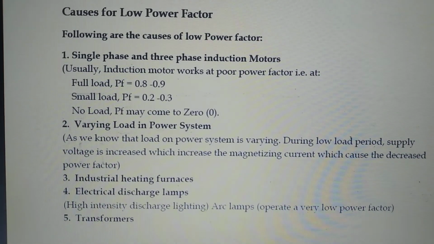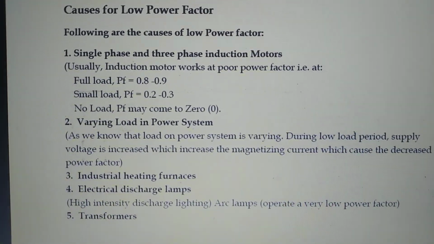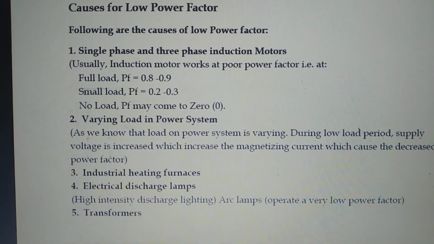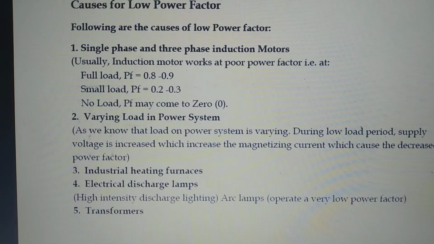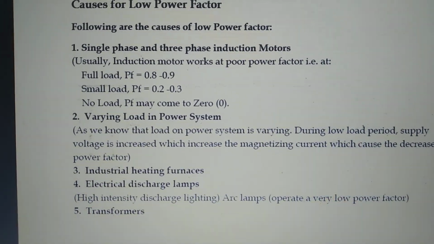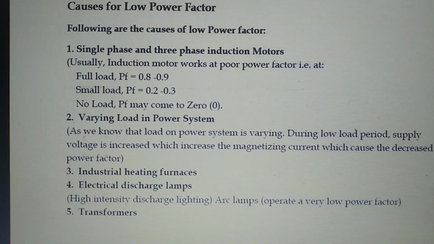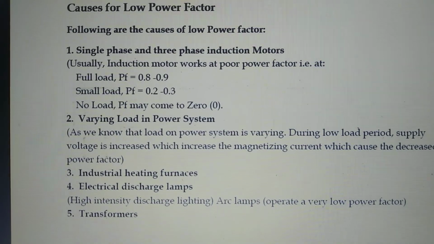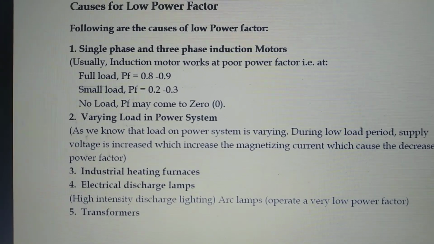Next we'll see causes for low power factor. Following are the causes of low power factor. First one is single phase and three phase induction motors. 80% of our electrical loads are induction motors. Some induction motors work at poor power factor.